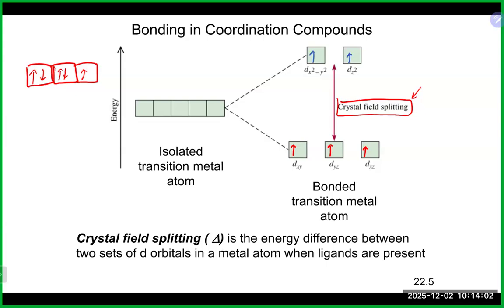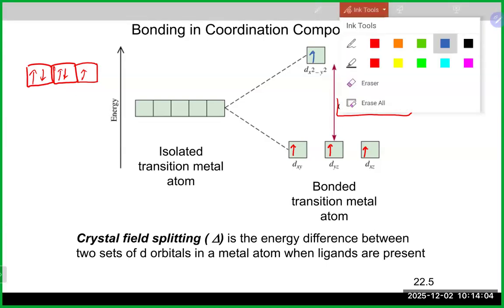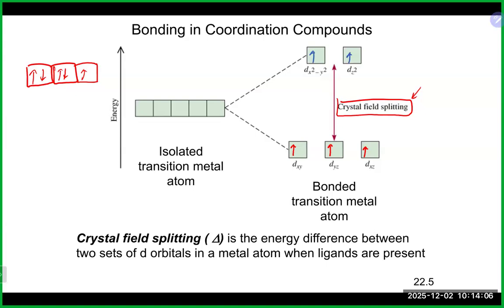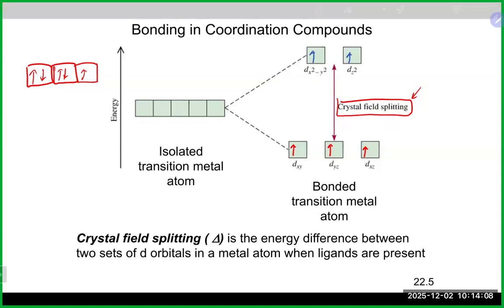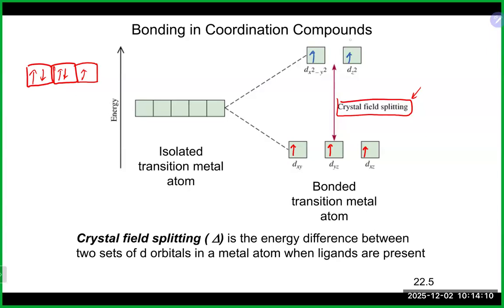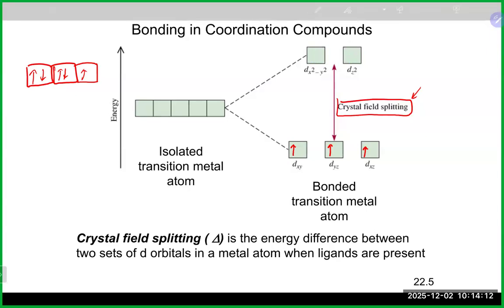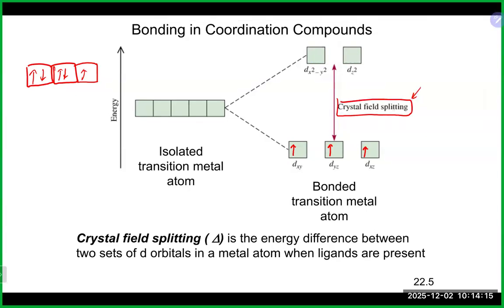And then come back and pair up. Now, if the ligand that is present does create a very big splitting, when the electrons get to this point, they're going to decide, no thank you, that's way too high. I'd rather just fill up down here first, and then, if necessary, go to the top.